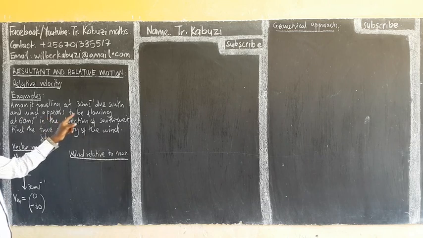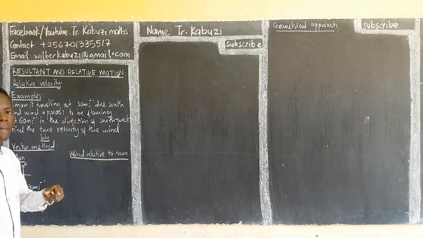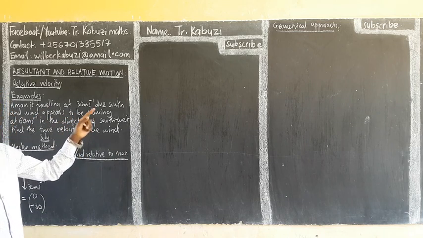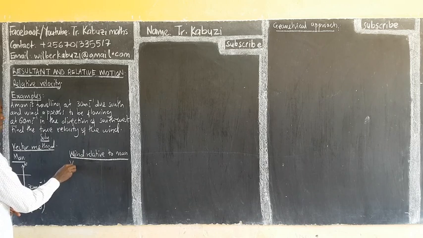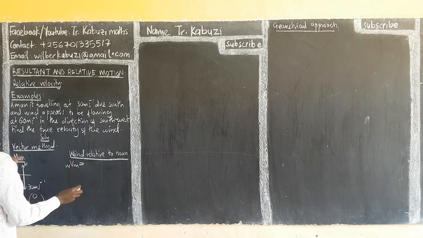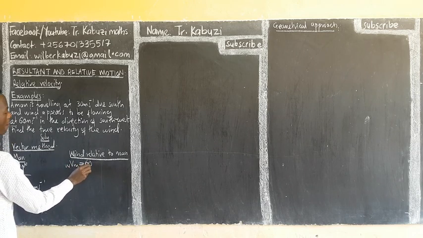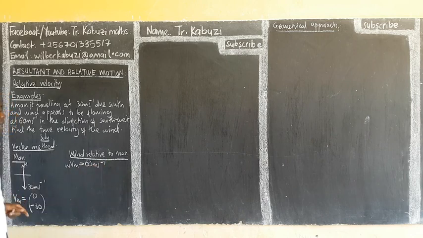And wind appears to be, whenever you hear the word appears, that means wind relative to man. So they are giving us here that the wind relative to the man is 60 meters per second in the direction of southwest.